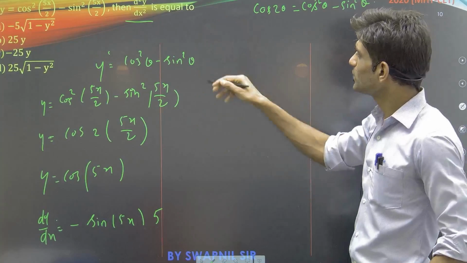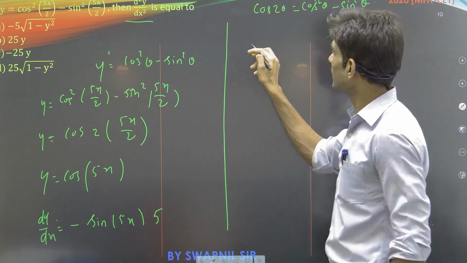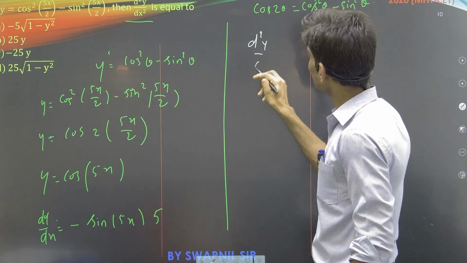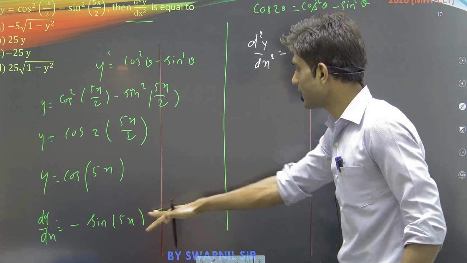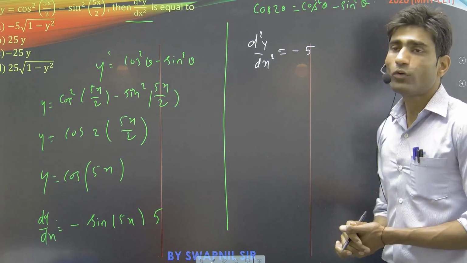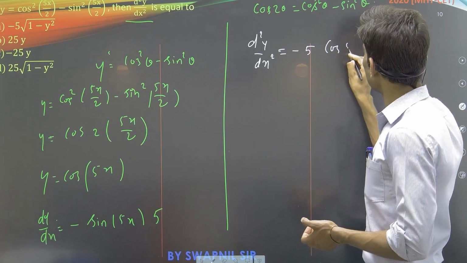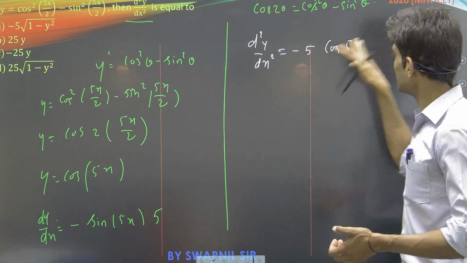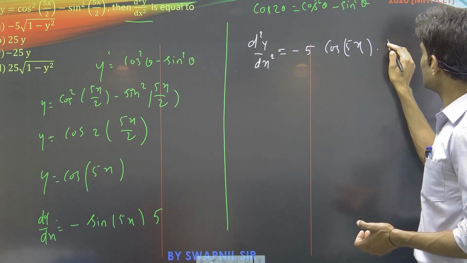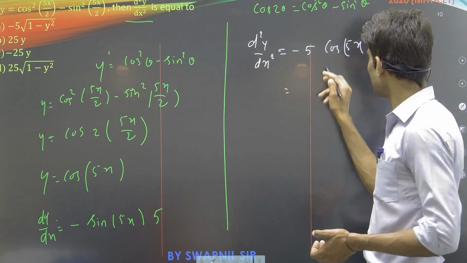We want d square y by dx square. That means differentiate our function again. d square y by dx square: minus 5, keep it out because this one is a constant term. Sine of 5x has differentiation cos of 5x, into the differentiation of 5x later on because of composite differentiation, which gives only 5. So solve this step later.